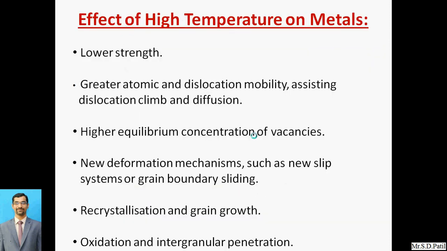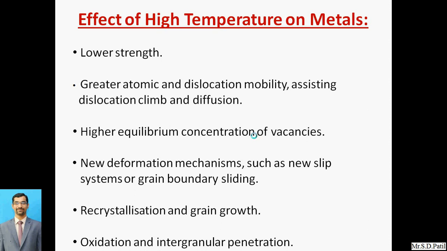What is the effect of high temperature on the metal? Basically, it lowers the strength, gives greater atomic and dislocation mobility, and a high equilibrium concentration of vacancies. If the temperature increases, what happens to the metal? It loses its strength, there is greater atomic and dislocation mobility, assisting dislocation climb and diffusion, and a higher equilibrium concentration of vacancies.